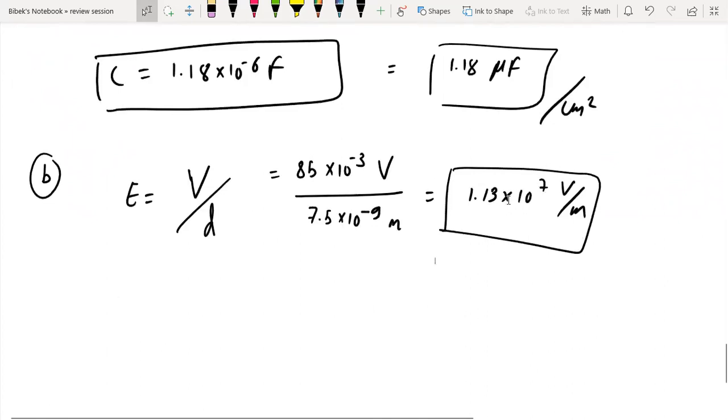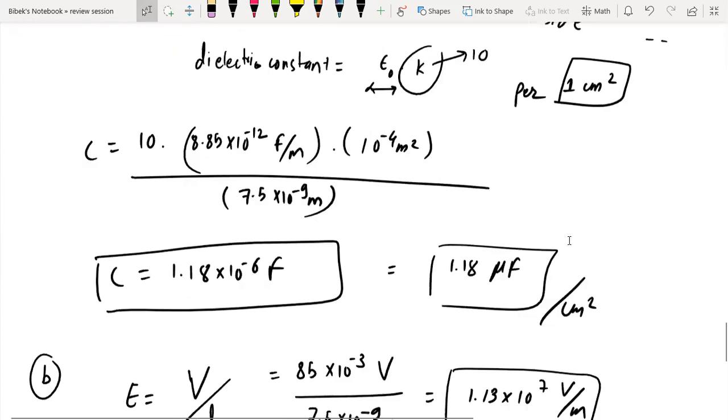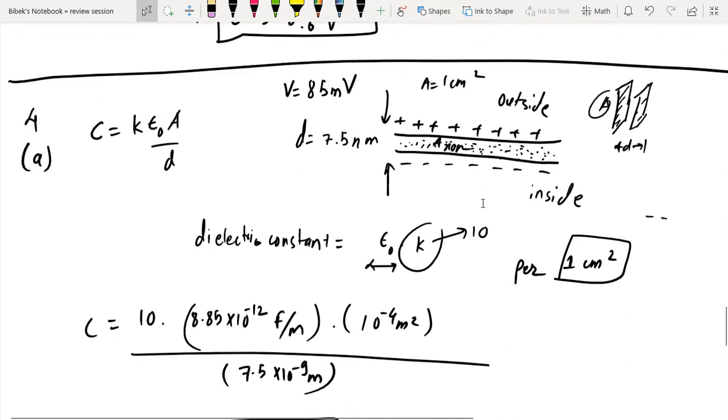That's why the electric fields generated in the biomembrane are so high. The potential generated between the two layers is powerful enough to make ion transport happen.